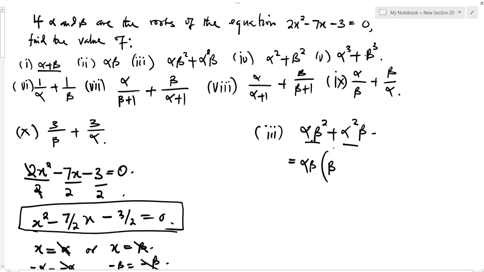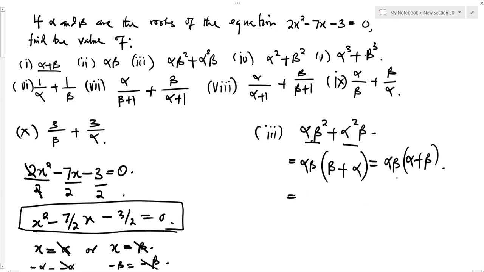Then alpha square beta divided by alpha beta, you have plus alpha. This is the same thing as saying alpha beta times alpha plus beta.